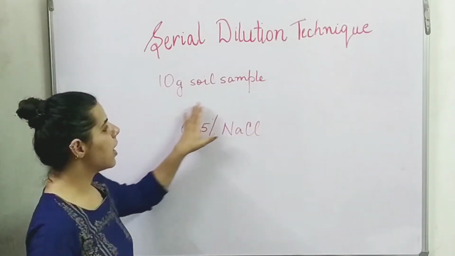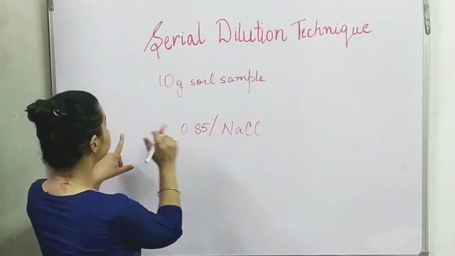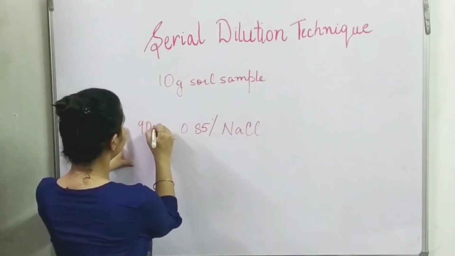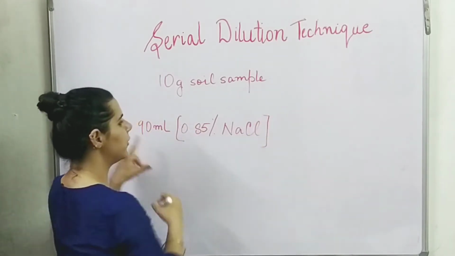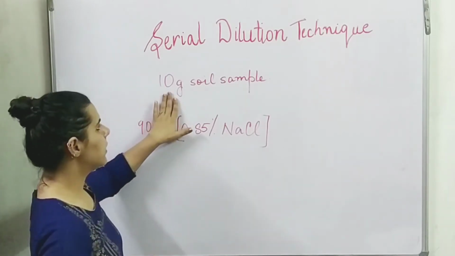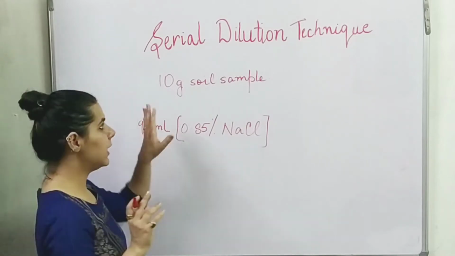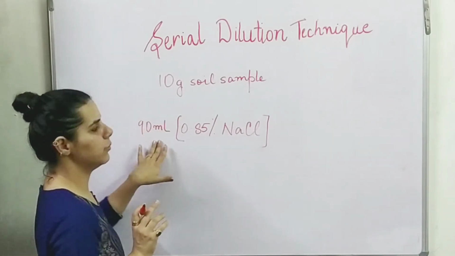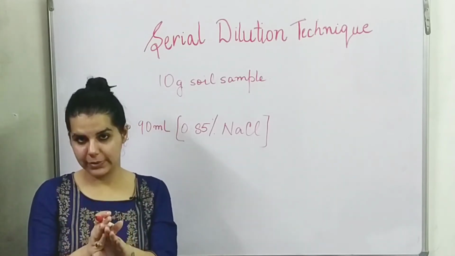Now the point is how much diluent we need. We will need 90 ml of 0.85% NaCl solution, right? So 10 gram, or 10 ml, plus 90 ml makes up the volume to 100 ml, right?